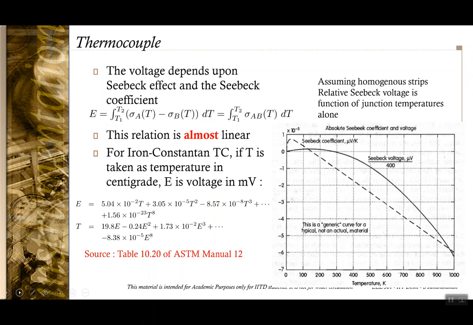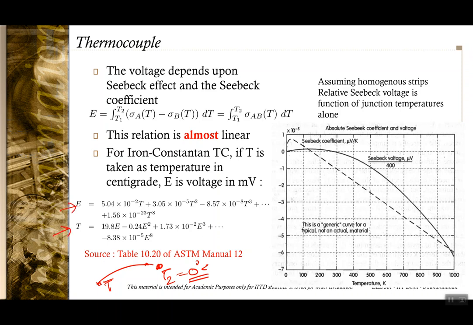And if we try to plot E versus T, or express E in terms of T, when one of those terminals is kept at 0 degrees centigrade, not absolute 0, so T2 is kept at 0 degrees centigrade, and for different values of T1, you see the EMF, you get an expression like this.